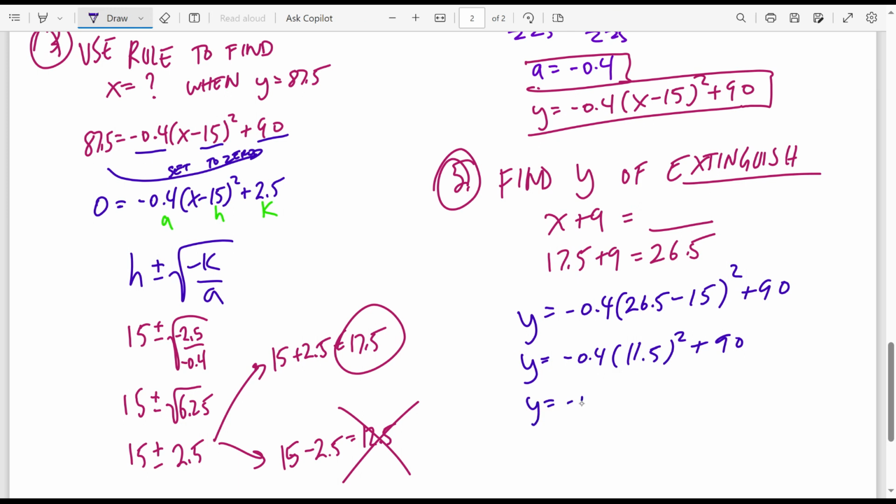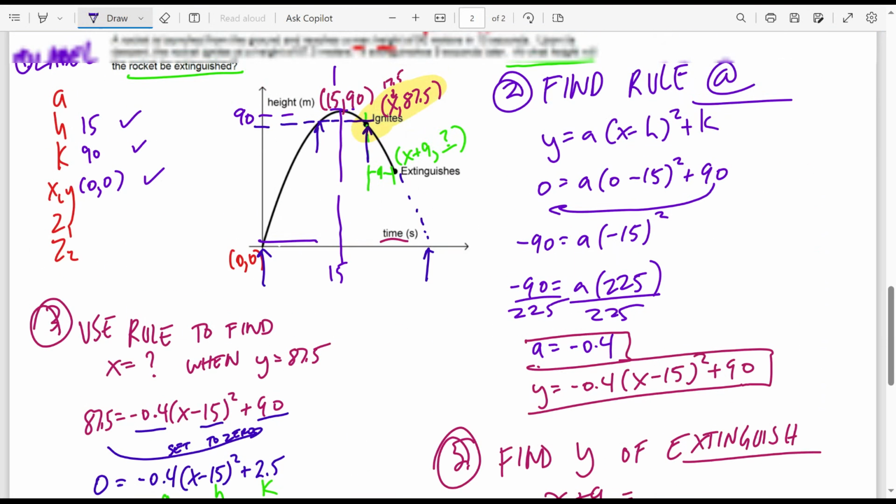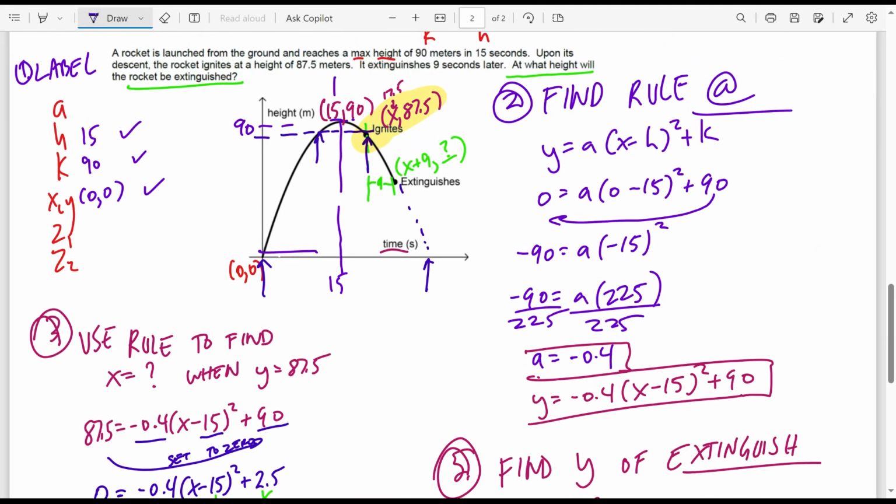So y is equal to negative 0.4 times 132.25 plus 90. Multiply that by 0.4. Y is equal to negative 52.9 plus 90. So y would be equal to 37.1. So that would be the final answer. That is the height of this when it extinguishes.